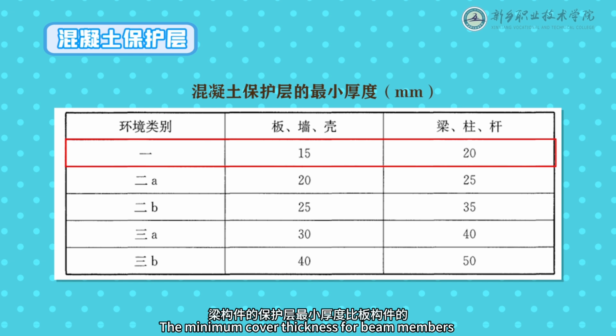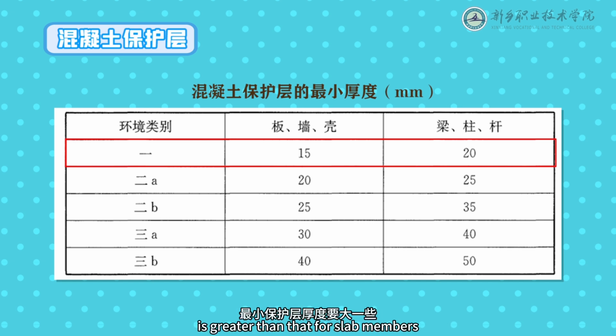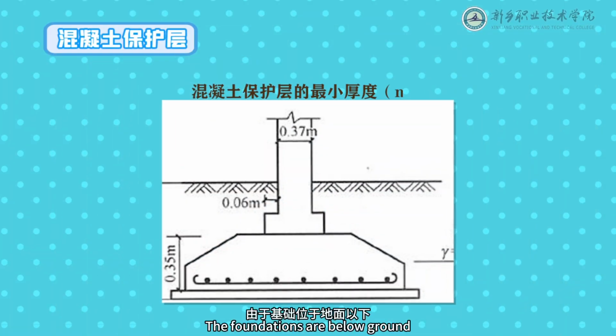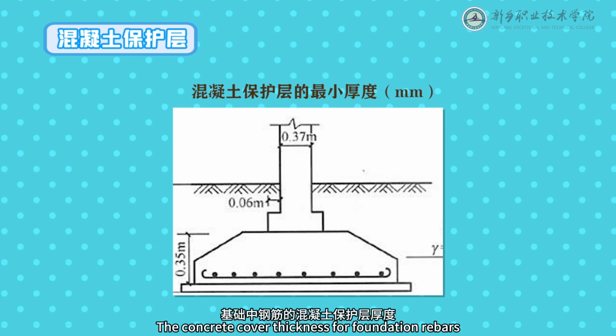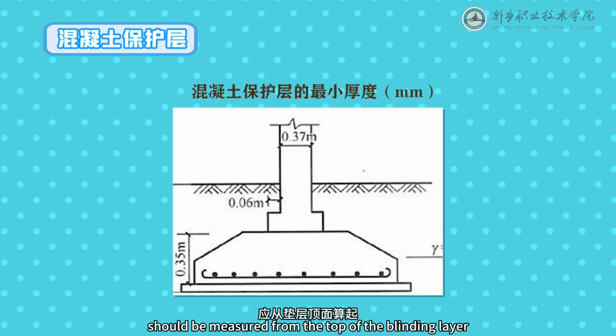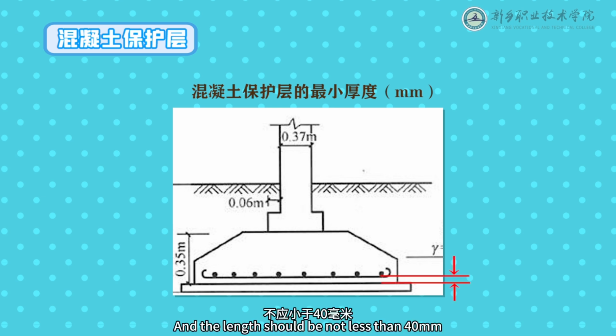Additionally, the minimum cover thickness for beam members is greater than that for slab members. The foundations are below ground, where it's relatively humid. Thus, the concrete cover thickness for foundation rebars should be measured from the top of the blinding layer, and the length should be not less than 40 mm.